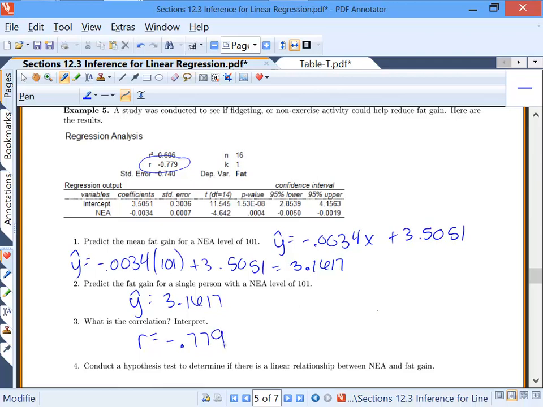And as far as what does that mean to us, basically I'm asking you to check for two things. Is that a positive or negative? Negative. So we know that we have a negative linear relationship. Okay. And how close is that? Is that closer to 0 or to 1?